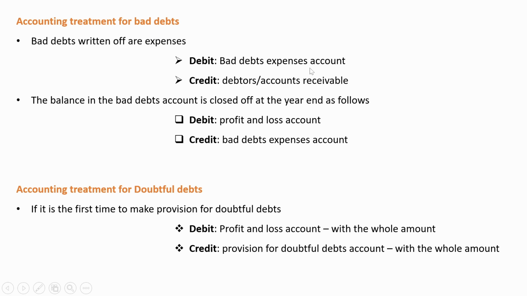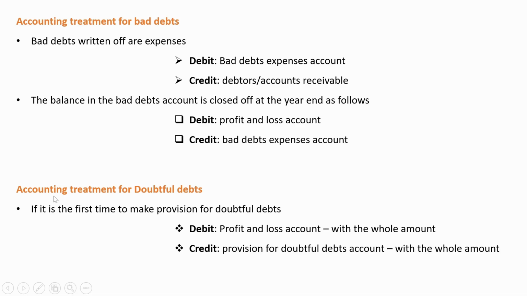In this case, because we had written it off as an expense, now it will be treated as if it is an income. So in the profit and loss account, you are going to be crediting profit and loss, not debiting. So everything that we have done here is going to be opposite if the bad debt is recovered.